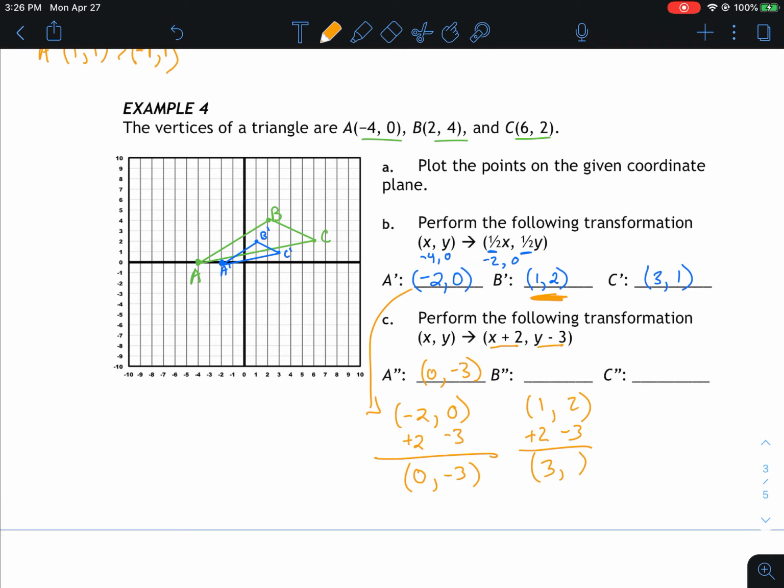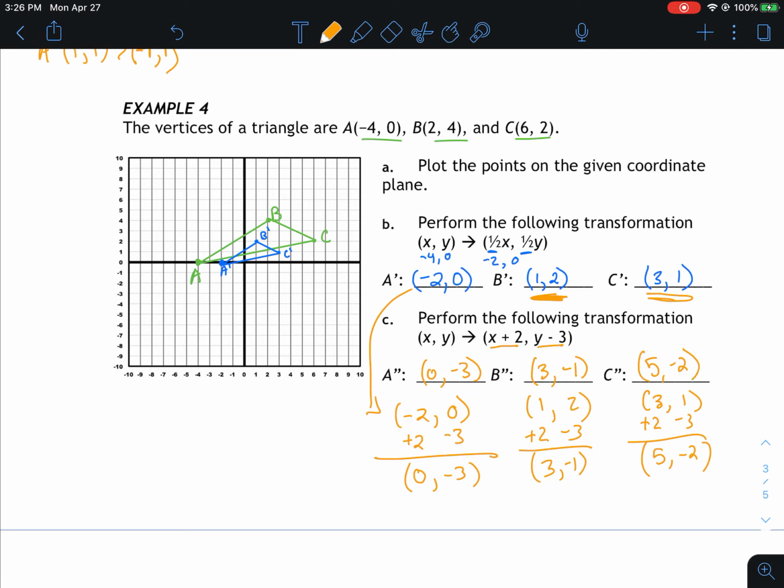So I need to use this value here, 1, 2. So that goes to 3, -1. And then I'm looking at my C prime value of 3, 1. I'm going to add 2 to my 3 and subtract 3 from my 1. So that gives me 5, -2.